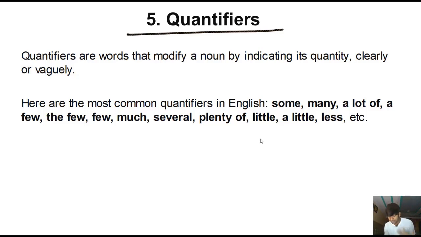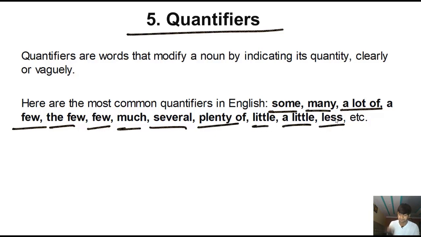Okay, but we do know roughly how much it is. These are the most common quantifiers we have in English: some, many, a lot of, a few, the few, much, several, plenty of, little, a little. What is the difference? We'll talk about that as well.